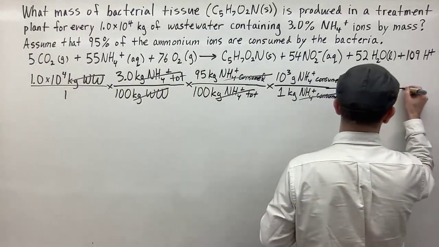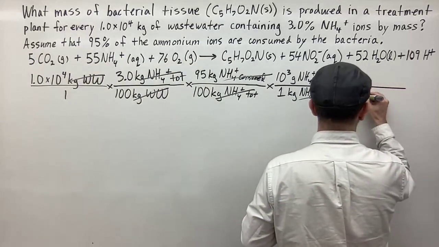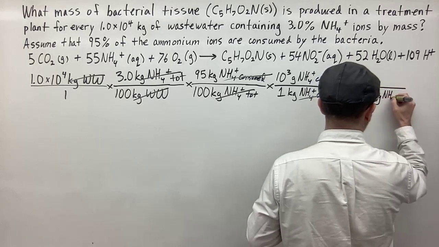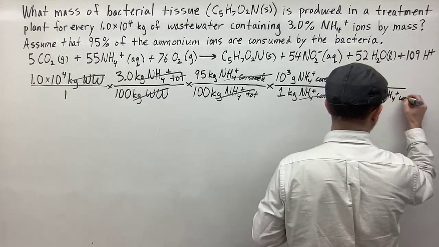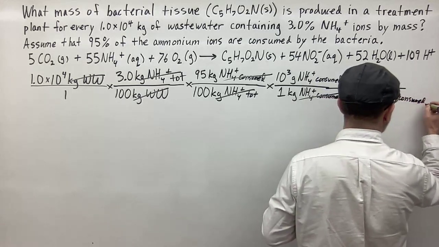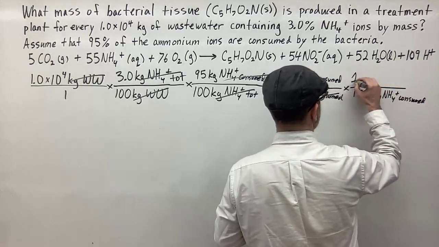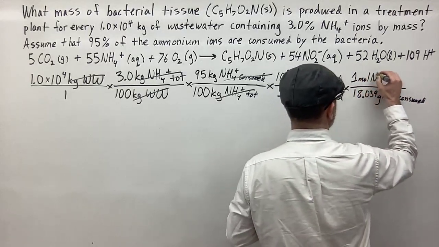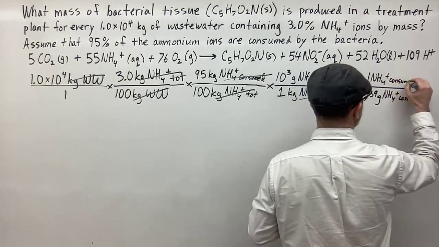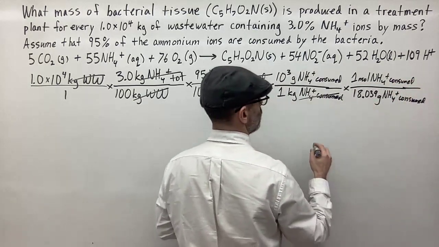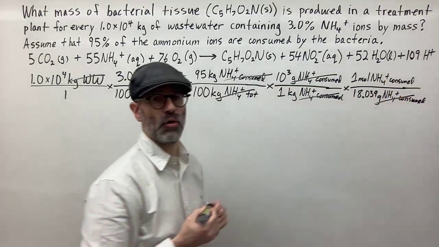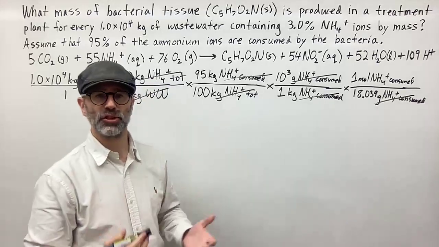So 18.039 grams of the NH4 plus consumed on the bottom, and 1 mole of the NH4 plus consumed on the top. So the grams are going to cancel out. Now I have moles of the NH4 plus that's consumed.